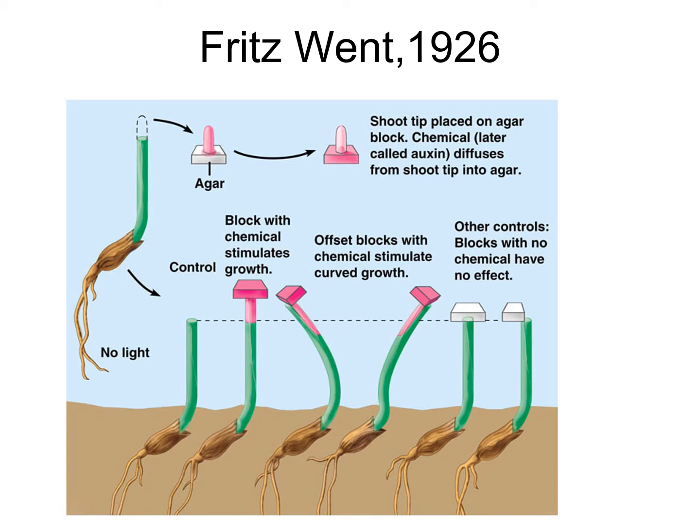The cells are getting longer on that side, and it causes the stem to curve. We know now that the chemical messenger is a hormone called auxin. There's actually a whole family of auxins in plants that are responsible for lots of particular responses.